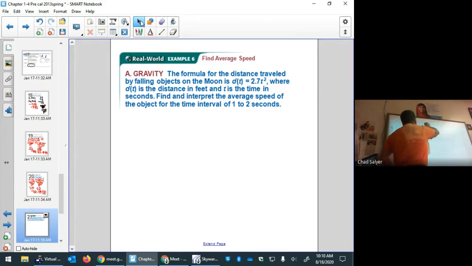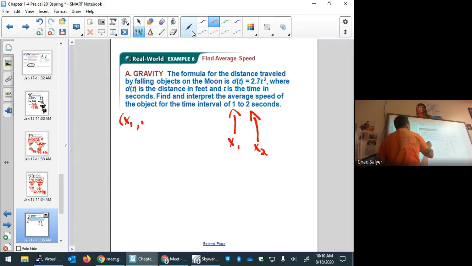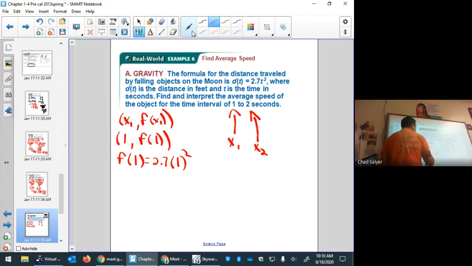So same type of problem. We're given an x1 and an x2. And so we want to find x1 and then f of x1. So that's going to be 1 and then f of 1. And f of 1 is equal to 2.7 times 1 squared, which is just 2.7 times 1, or 2.7. So that point is 1, 2.7.